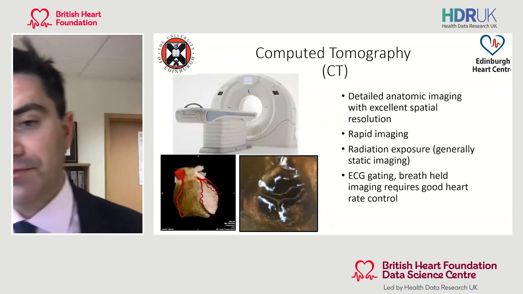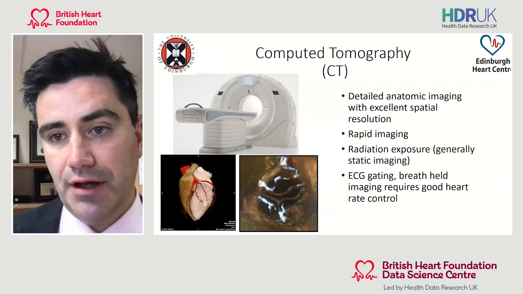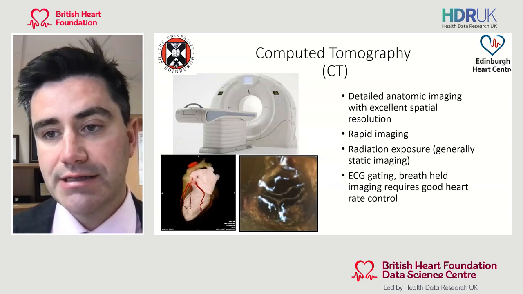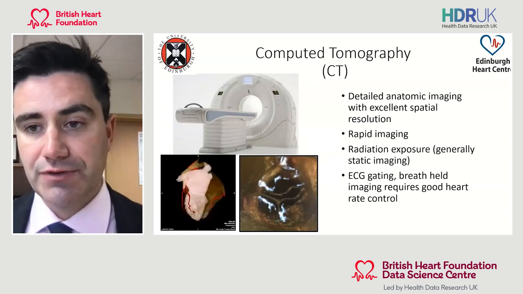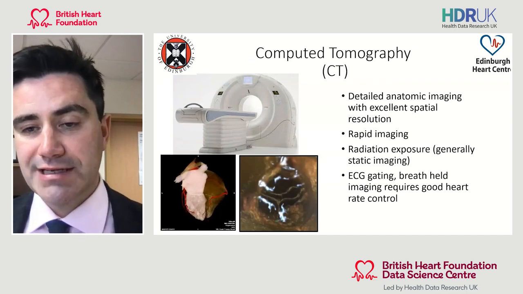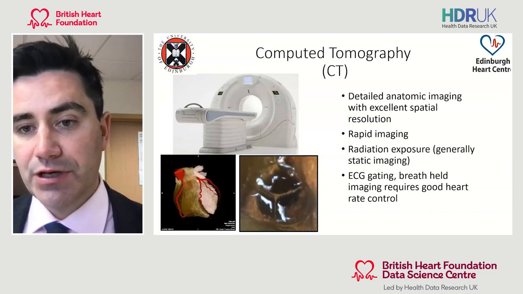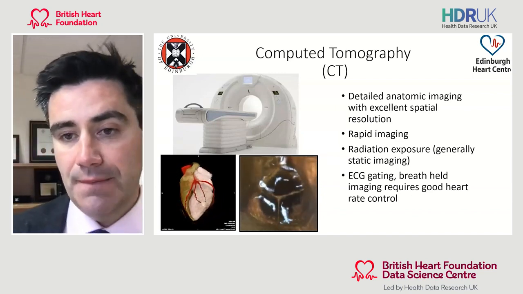So the other tool that we use a lot clinically is CT. And the great advantage of CT is that it provides very detailed anatomical imaging with really excellent spatial resolution. So we can see structures in the heart in fine detail. And in particular, we use it to look at the coronary arteries and the heart valves.